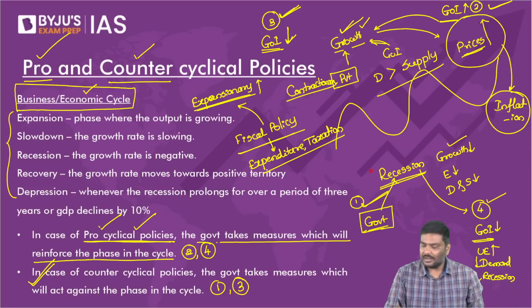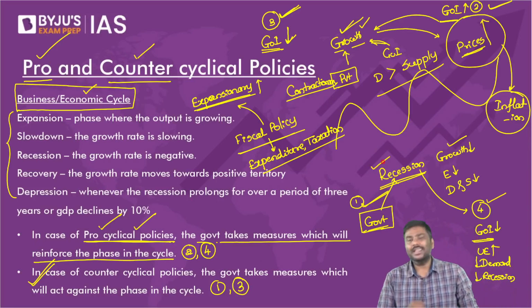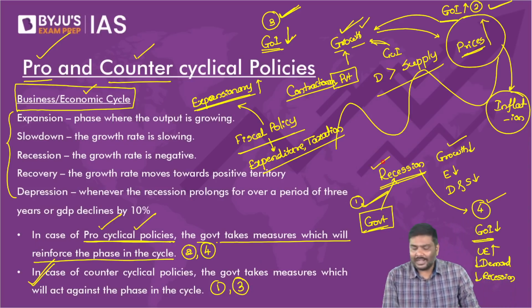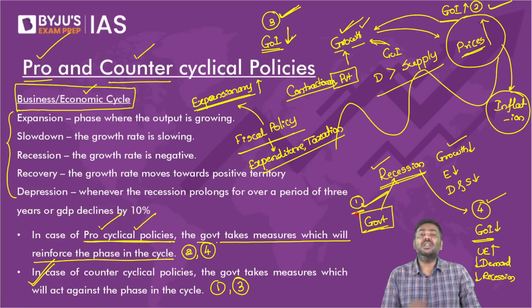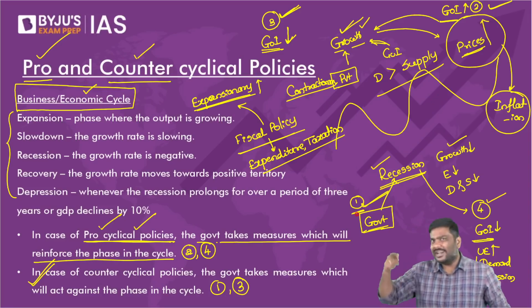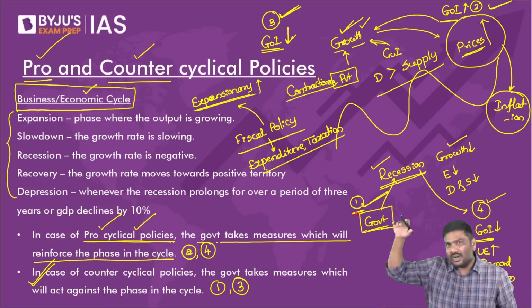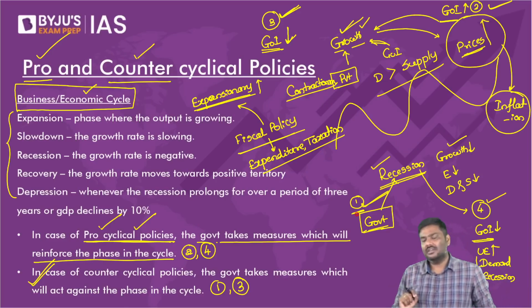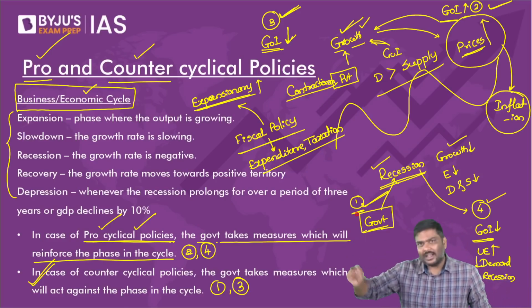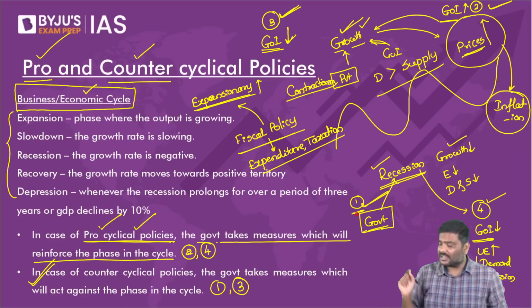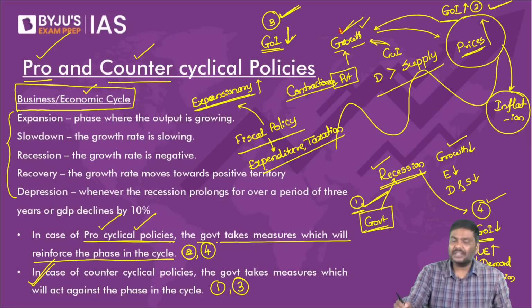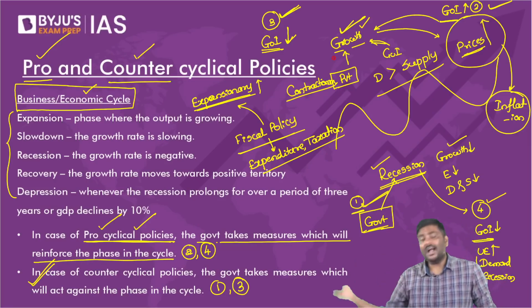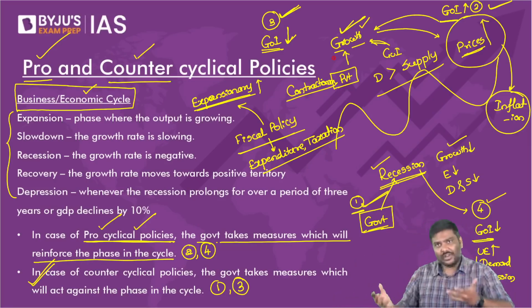In example 1, recession was happening, unemployment was higher, and policies of the government, are they not creating employment? Are they not reducing the impact of the recession? Are they not increasing the production which was earlier decreasing? In case of example 3, growth rate was already very high. There was a danger of inflation.